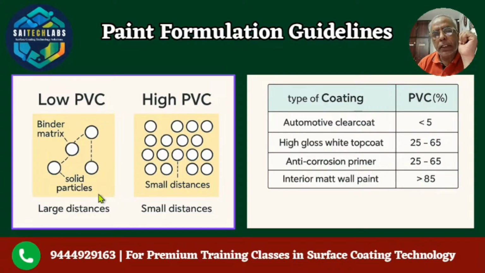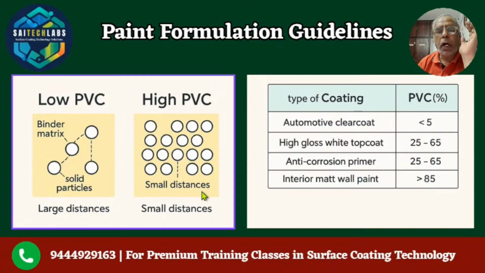The solid is less, so there is less coverage, but you can expect better glossiness, better binding, better adhesion because the binder is more. So the lower the pigment volume concentration, the more glossiness, right?